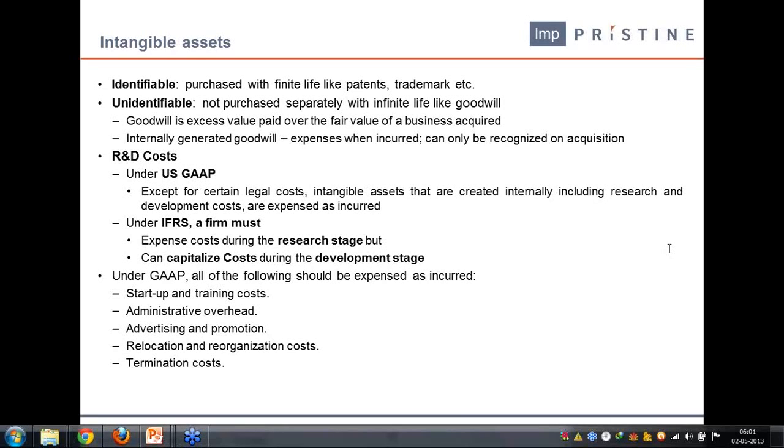Basically, it's goodwill when you try to acquire a company. Say you are thinking of acquiring some smaller company. In that case, you can generate goodwill, which will be the difference of the price and the fair value of the business acquired. So that's pretty much it. I hope I answered your question.